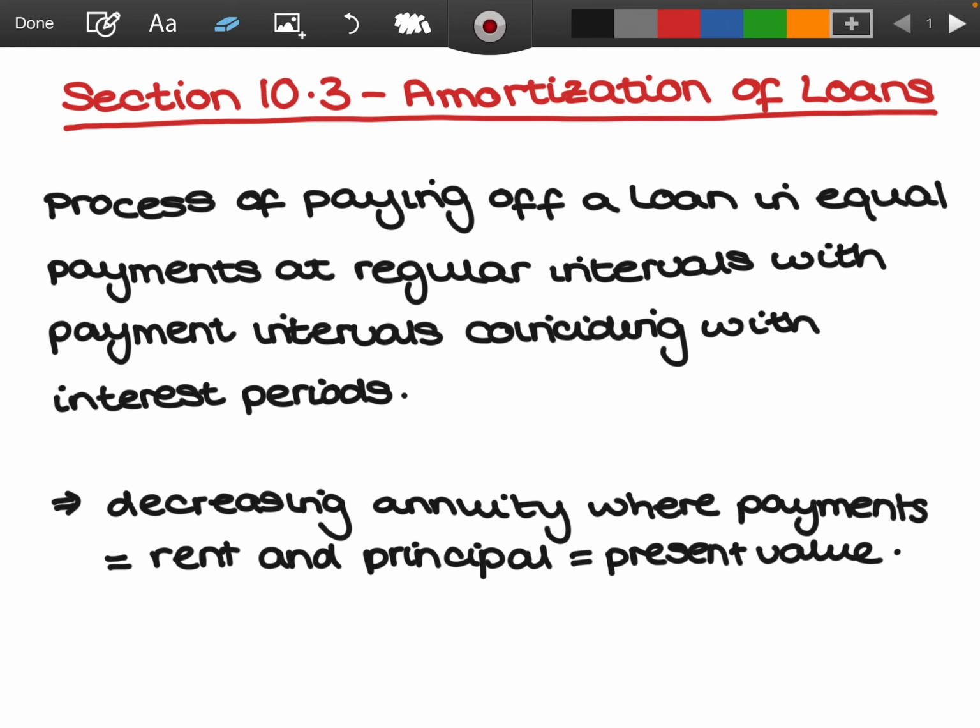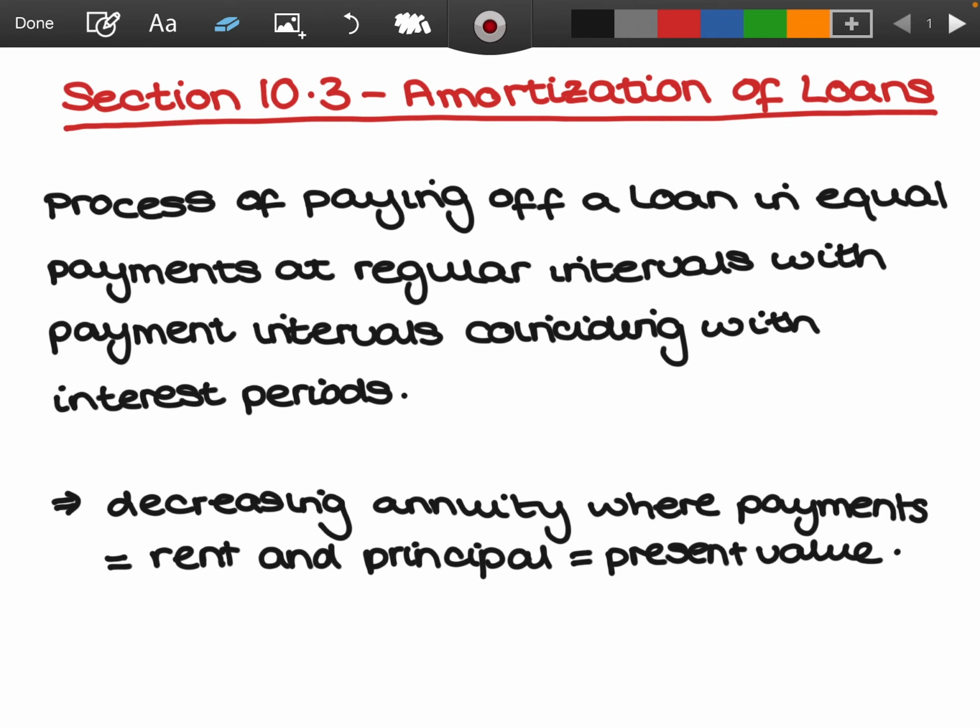So the payments are going to be the rent. Whenever we try and figure something out using the formulas that we did with decreasing annuities, we had a formula for R, which was the rent payment, how much we would get paid at those payment intervals. That's going to be the payments that we will make towards the loan. So R will be the payments, and then that P value, which was the present value that you currently had in the account, will be the principal amount left on the loan.